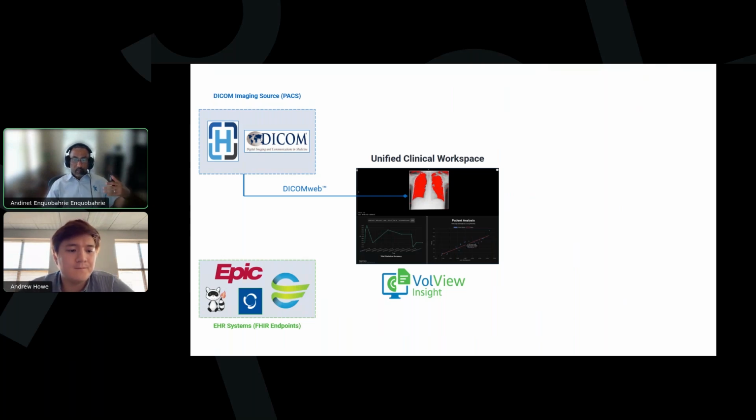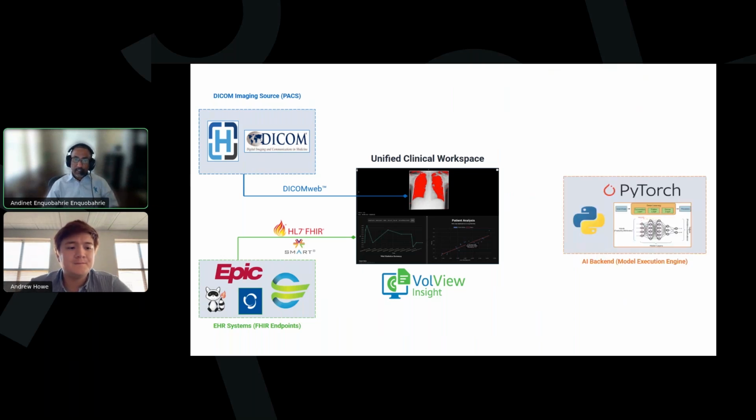On the clinical side, you'll have VolView connected to your EHR system. This could be Epic or Cerner. And obviously, you need to have the right credentials and authorization to be able to talk to them. VolView Insight will talk to this server using the HL7 FHIR protocol, and these will be RESTful FHIR APIs that will send the data from the FHIR server into the unified VolView Insight.